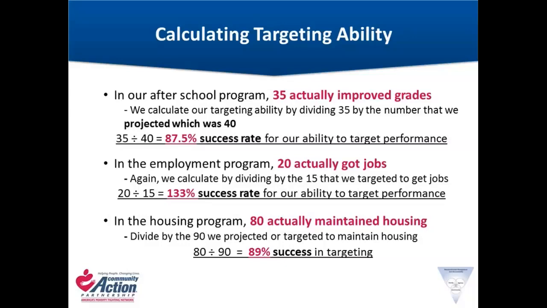There's always a way to explain the differences. So if you didn't get more, or if you got more, there's always some reason. It's that something unexpected that came up that we talked about in the last slide. So if you got more people jobs, maybe it was because there was a new business in town that needed employees. If you got fewer jobs, maybe you lost a business in the job market. And so you have to understand how those things work together.